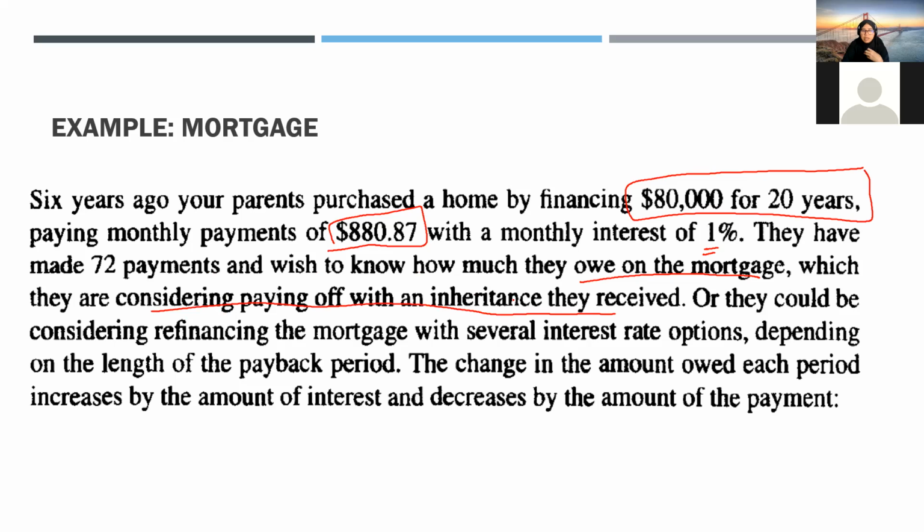So, dia nak bayar dengan duit yang pusaka yang diorang dapat lah. 72 payments, secara bulanan, but this is 20 years. So 20 years is going to be 240 months. So 240 months should be minus 72.